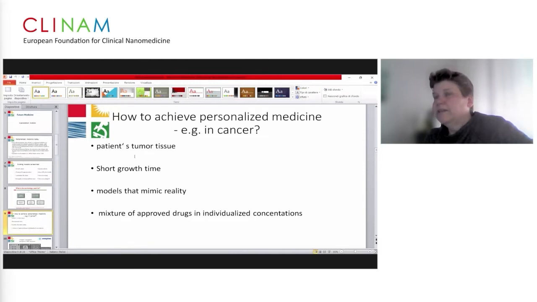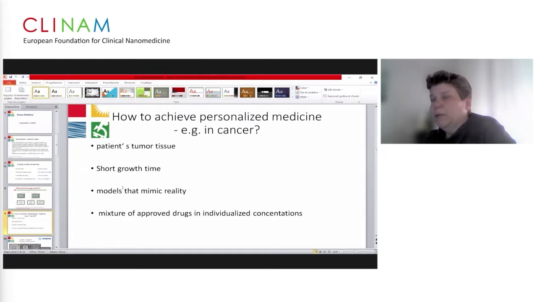What is needed is, on one hand, we agree the best model for tumor treatment is when we are taking the tumor tissue. Then we need a short growth time in order to have a very short time lapse between diagnosis and the initial treatment.